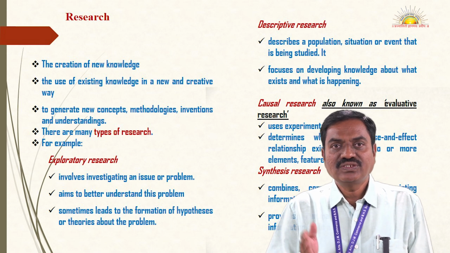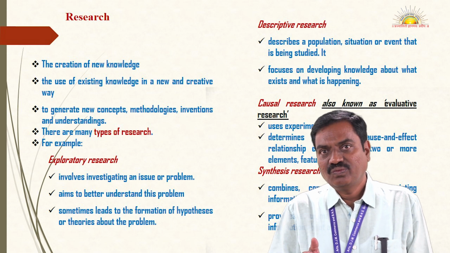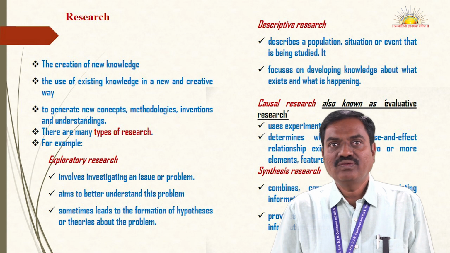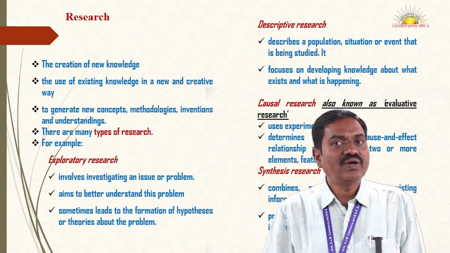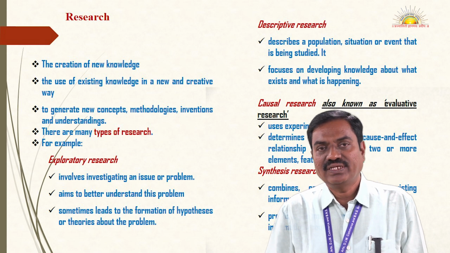The next type of research, as an example, is descriptive research, which describes a population, situation, or event that is being studied. It focuses on developing knowledge about what exists and what is happening.